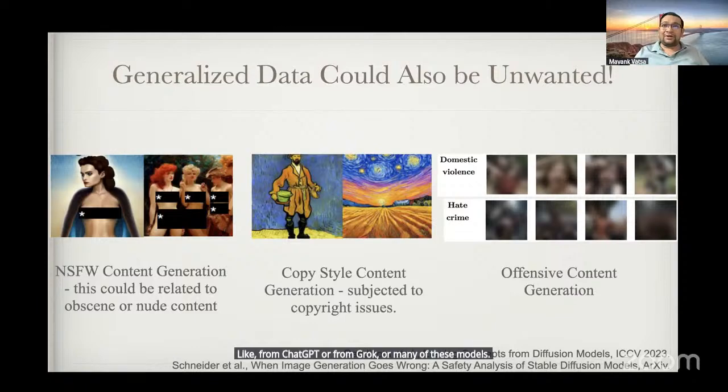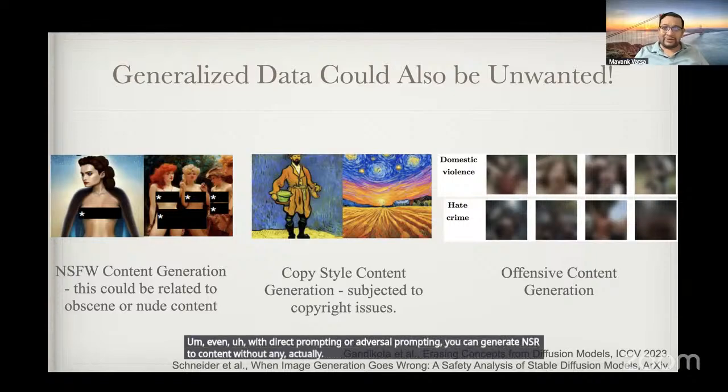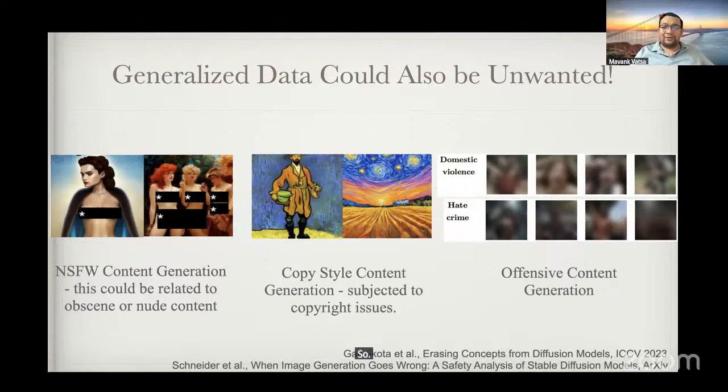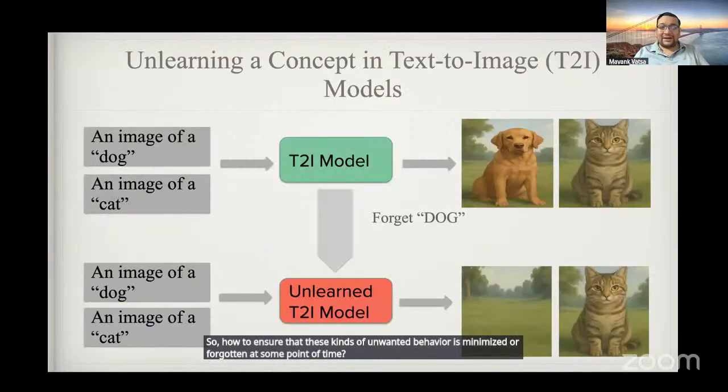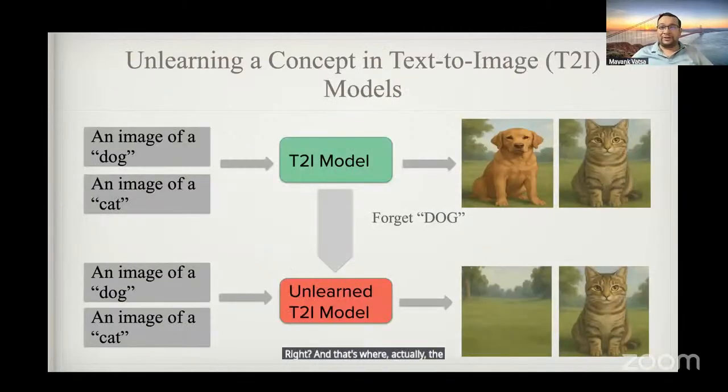Even with direct prompting or adversarial prompting, you can generate NSFW content without major problems. So how do we ensure that these kinds of unwanted behavior are minimized or forgotten at some point of time, right? And that's where the concept of machine unlearning comes into the picture. I hope so far the motivation is clear. Are there any questions on the motivation part?